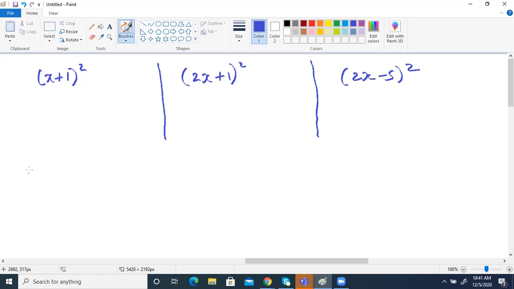So just work them at the same time. If you know how to work them, you can work them. If not, I'll work the first three, and then you guys can work the last three.